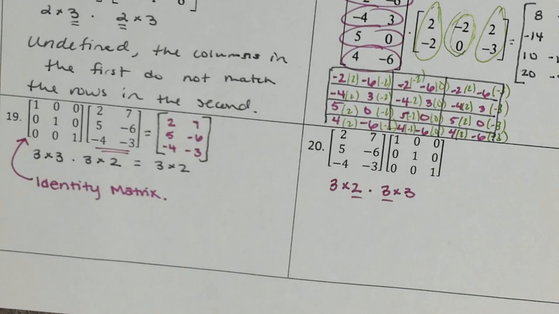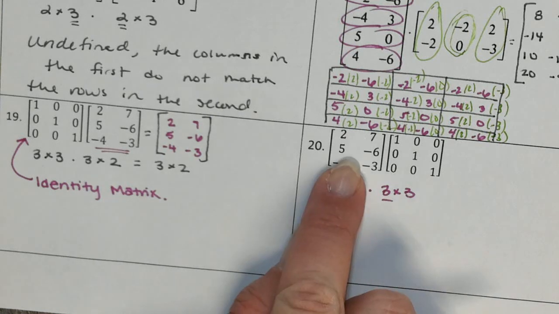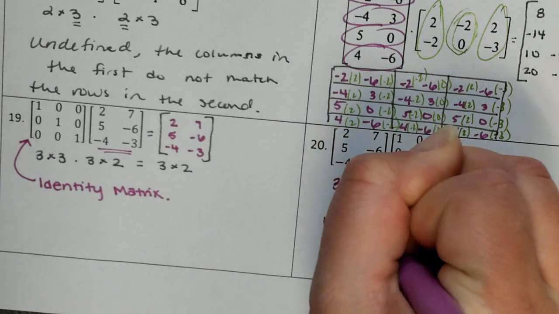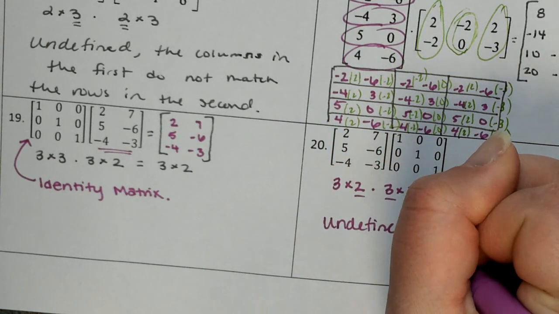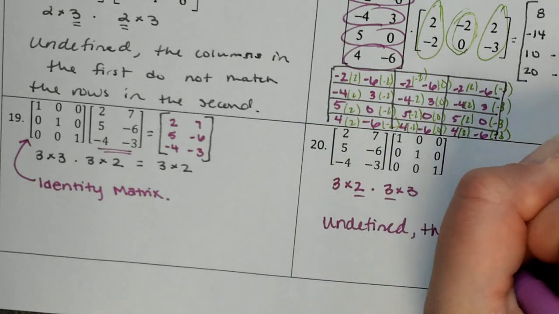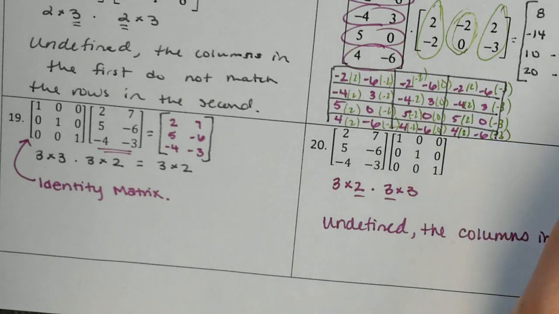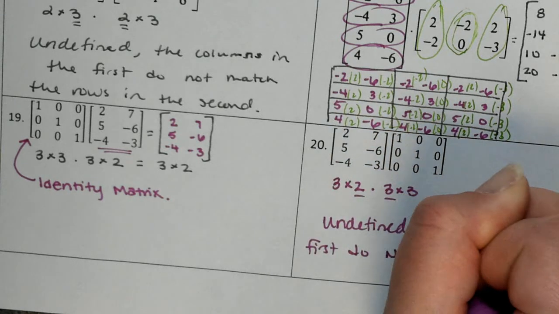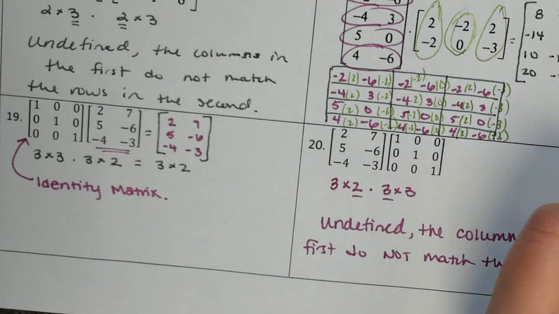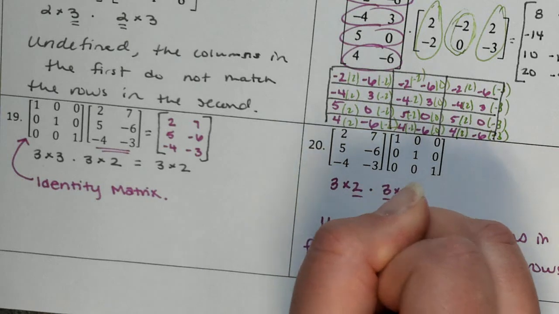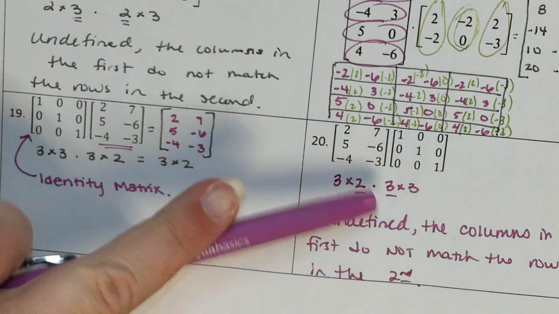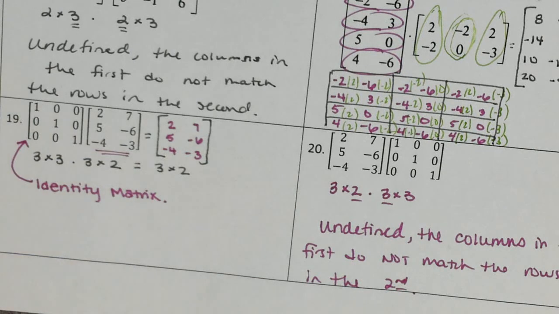You cannot automatically assume, because you multiply by an identity, that your answer is this. You have to first see, can you even multiply them? This one's undefined because the columns in the first do not match the rows in the second, which we showed with writing out our dimensions. All right.